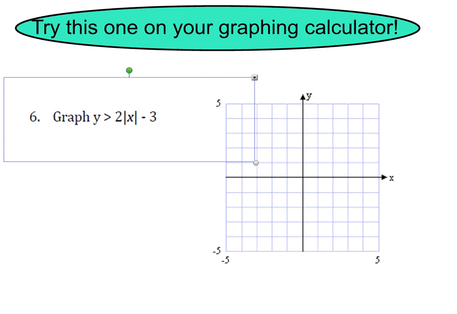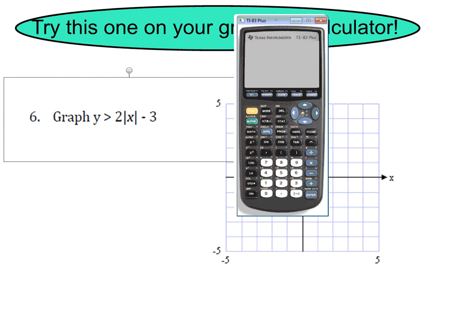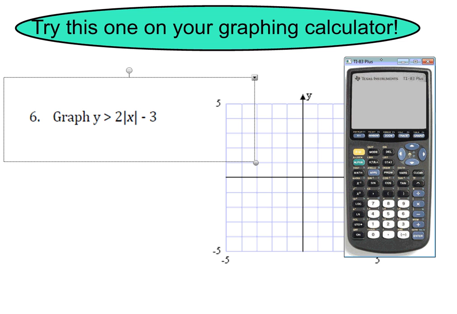So let's take a look at this one on the calculator. How do I do that? Well, first thing I'm going to do is go to y equals and clear that out. So I'm going to say 2.